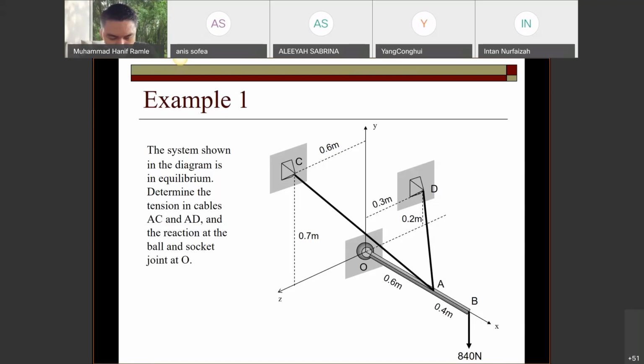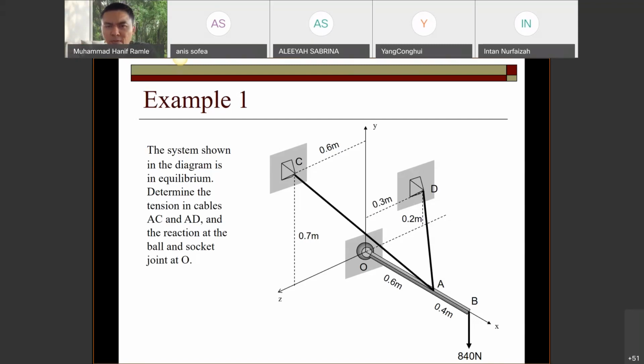You have to determine the tension in cable AC. There are two cables there, AC and AD. You have to determine both of them, and the reaction at the ball and socket joint at O. So you have to determine the tension in the cables, and also the reaction at O.